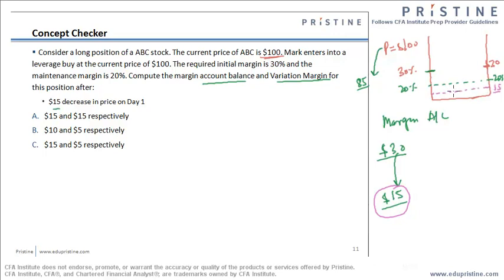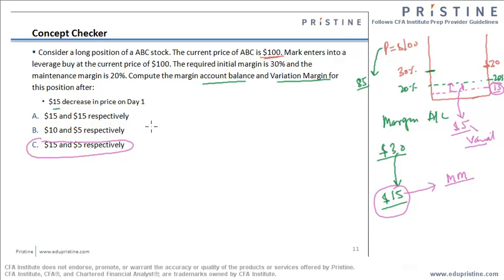So I need to deposit this much amount to bring my account back to the maintenance margin. So $20 minus $15 is $5. So $5 becomes my variation margin and $15 is the margin account. So C is the answer for us.